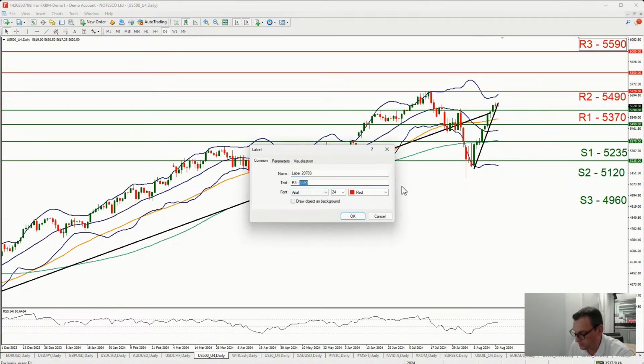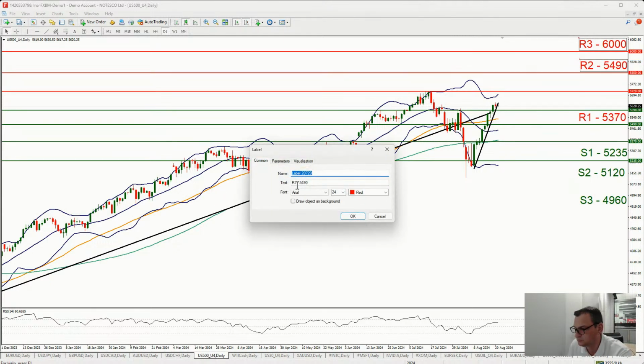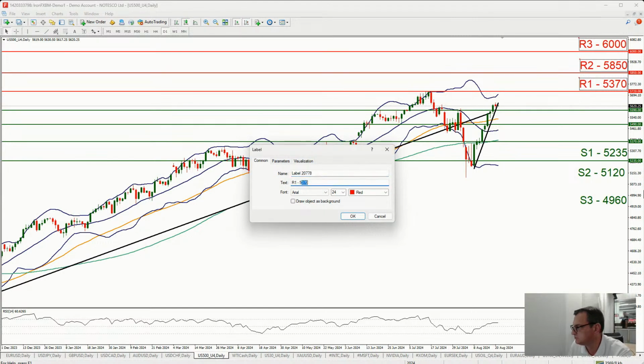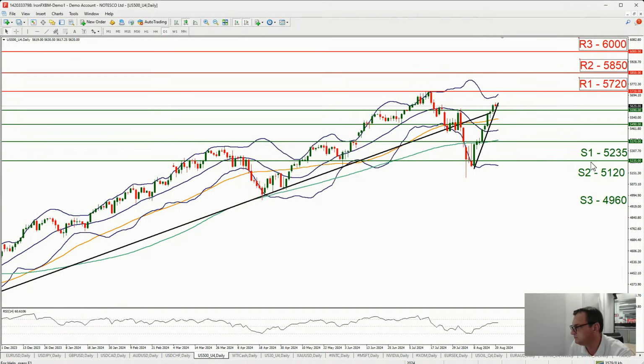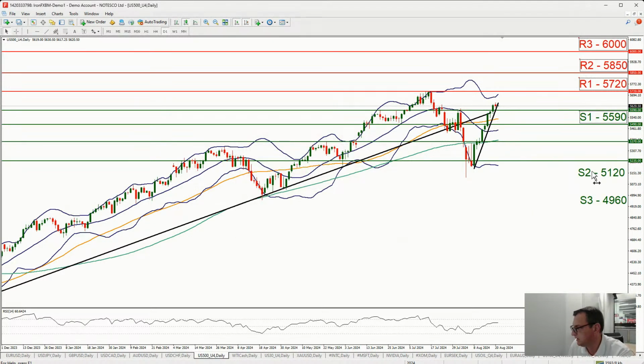Let's correct the levels as well. At 6000. And there's 2 at 5490.